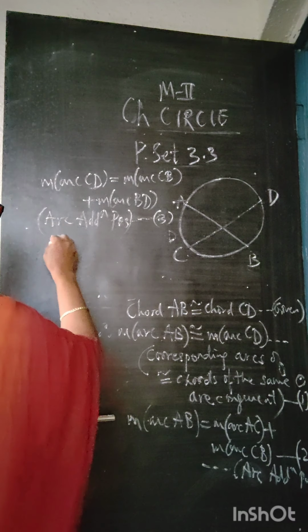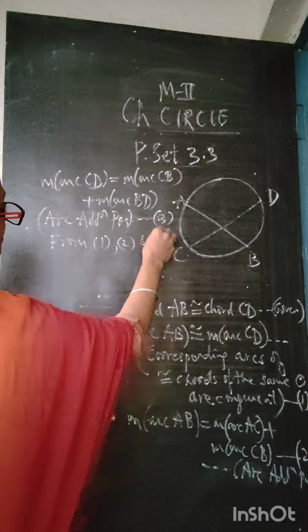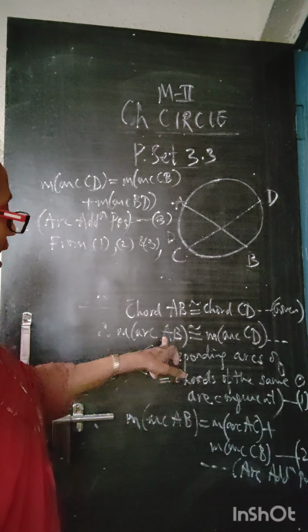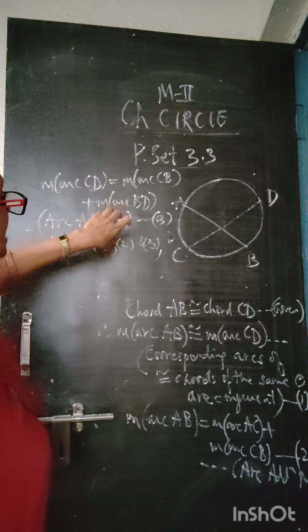So from 1, 2 and 3 what will I get? From 1 I get the arcs are congruent. From 2 and 3 I get these arcs are nothing but these additions.